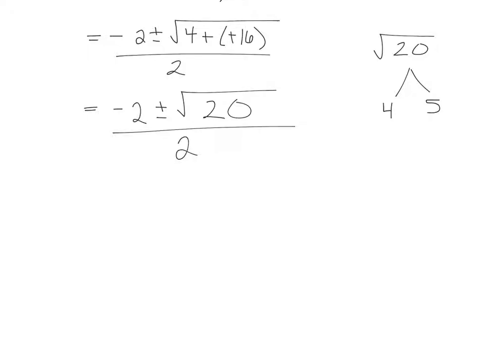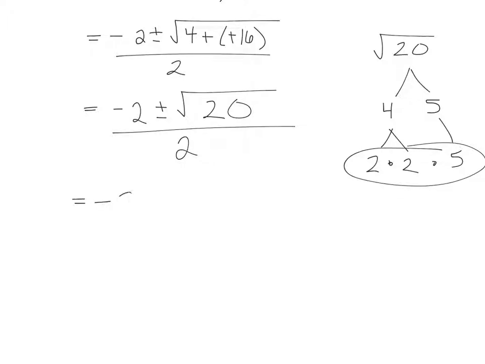Now I'm going to look at each one of these factors and factor those factors into prime numbers. So 4, I know that 2 times 2 is 4, and then 5 is already a prime factor, so I'll just bring that down. Now 2 is also a prime factor, so my prime factors that when multiplied together give me 20 are 2 times 2 times 5. And you can check that. 2 times 2 times 5 is 20, so I know that that's the set of prime factors.